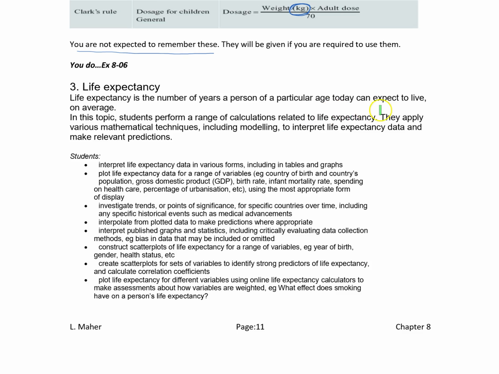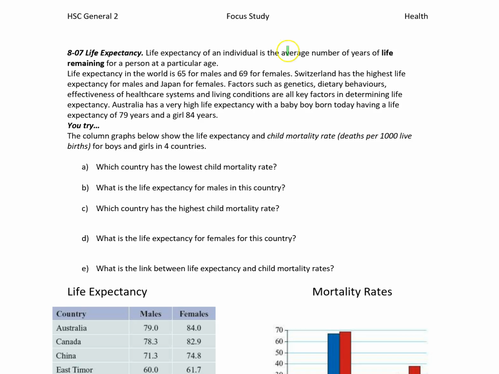It's the actual number of years that you can expect to live beyond your age at the moment. So you might actually highlight the number of years of a life remaining for a person. It's another way to look at it.